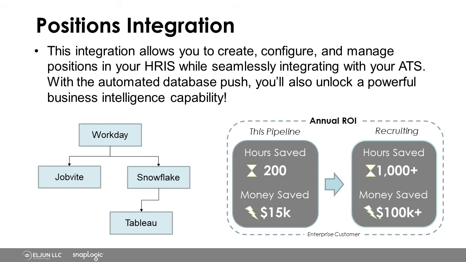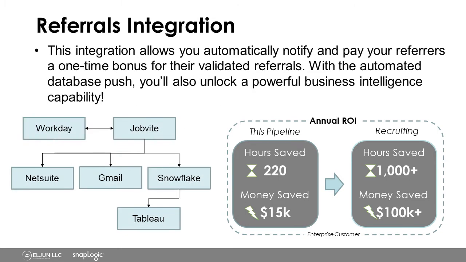And that'll be where the recruiters do all their activity to get that position posted out on job boards or wherever else, and actually start finding candidates and going through the talent acquisition process. When we're done with that, we'll hop over to the second use case, which is a referral program.